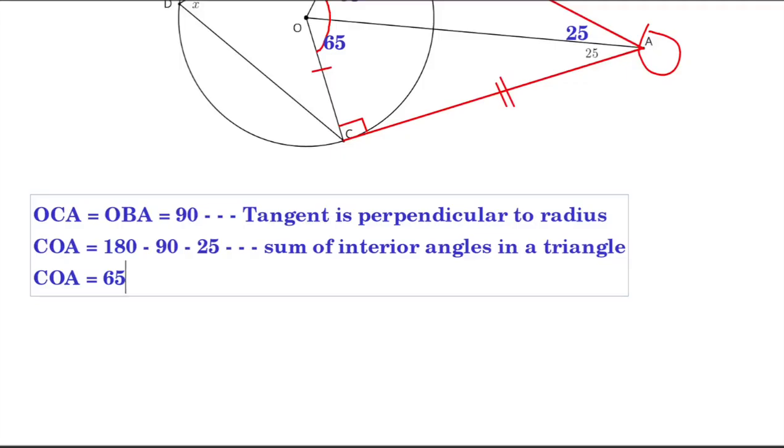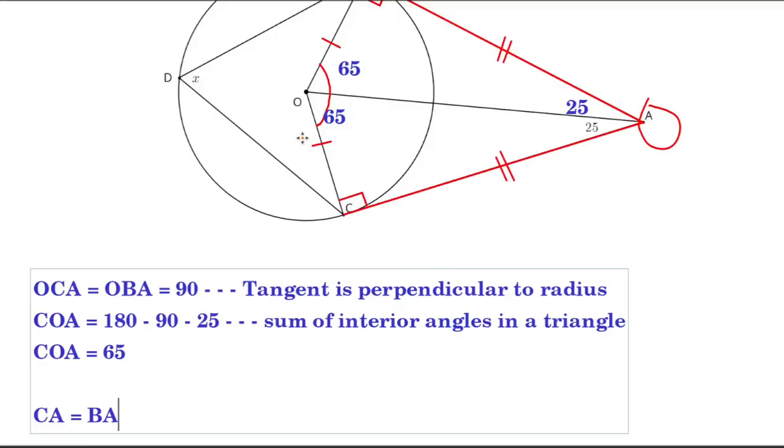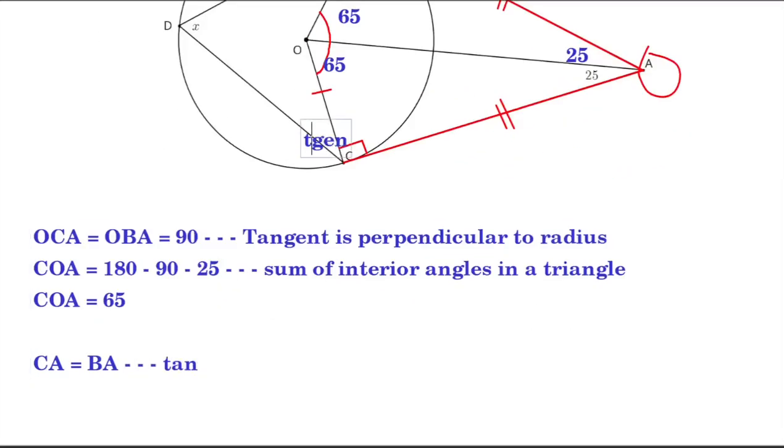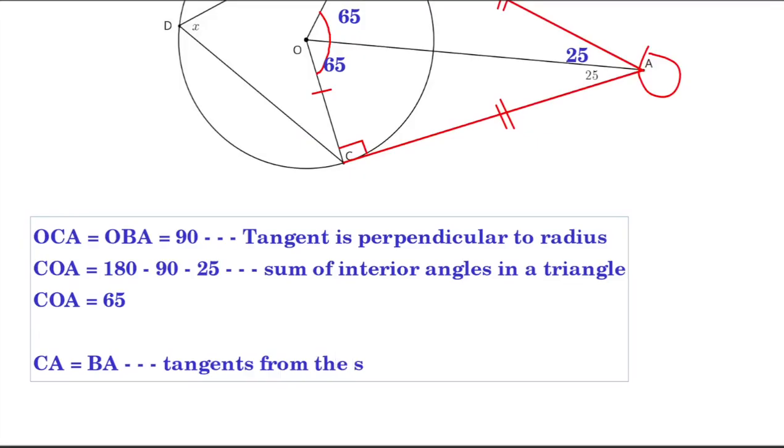Now, what we've also noticed here is that the tangents are starting from the same point. So CA must be equals to BA. The reason: those are tangents from the same point.